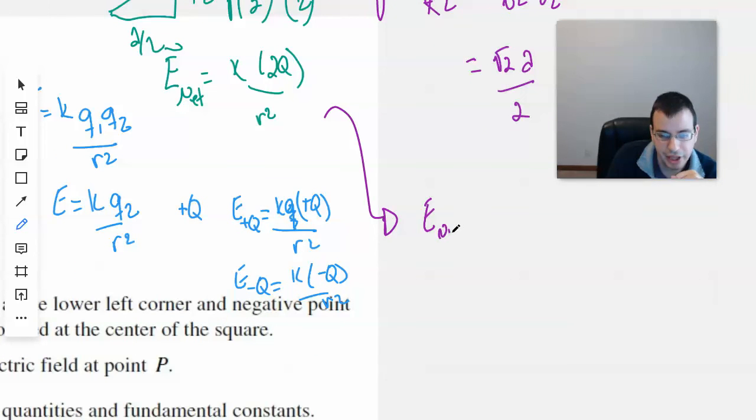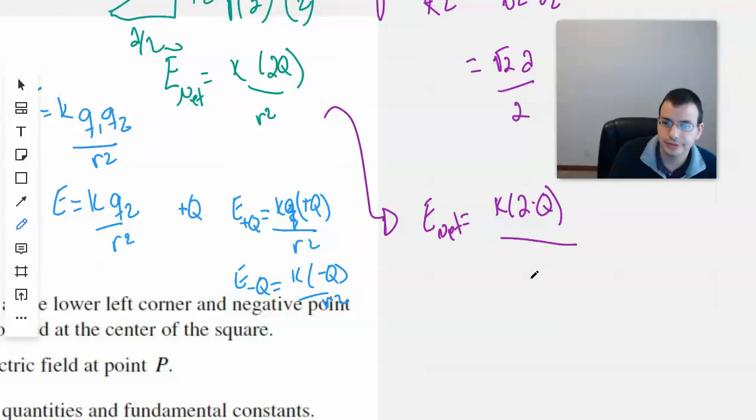Okay, so then our total electric field net at point P would equal K times 2 times Q all over, I probably shouldn't have taken the square root.